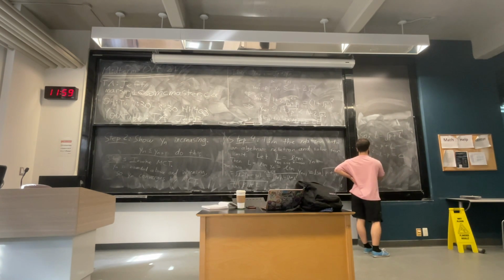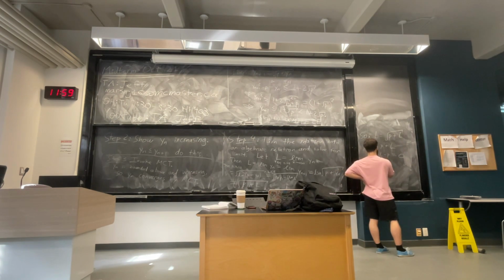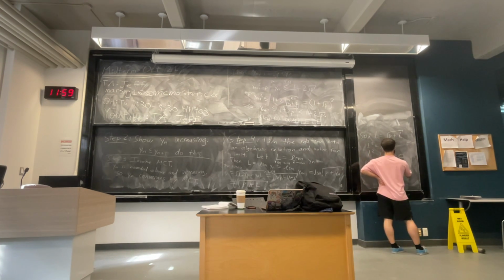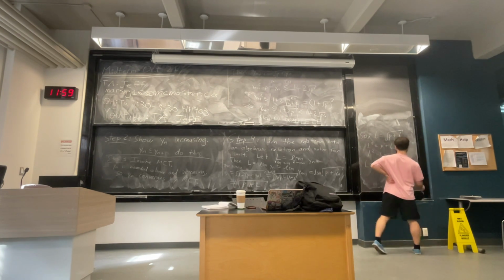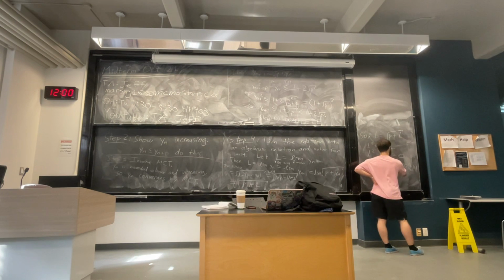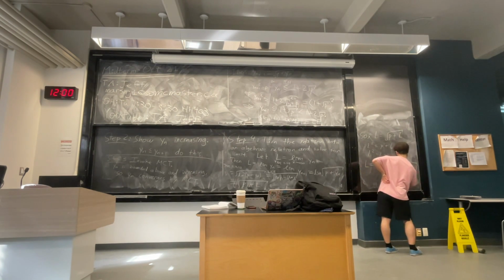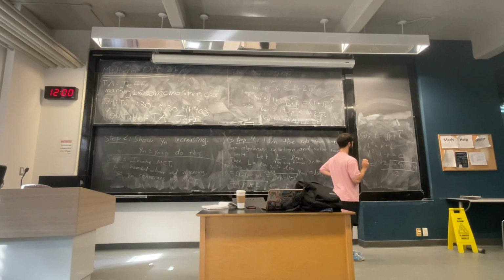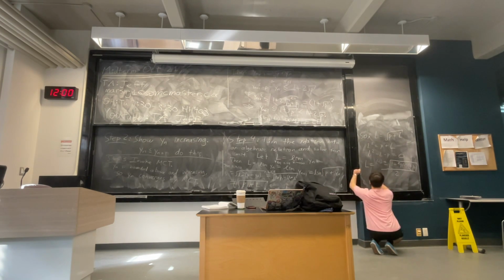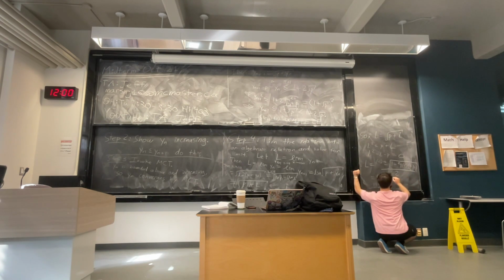And the quadratic formula then tells us that L is equal to negative b, so minus negative 1, plus or minus the square root of b squared, that's 1, minus 4 times a, that's 1, times c, that's minus p, divided by 2a. Okay? So this becomes minus 1 plus or minus the square root of 1 plus 4p, divided by 2.